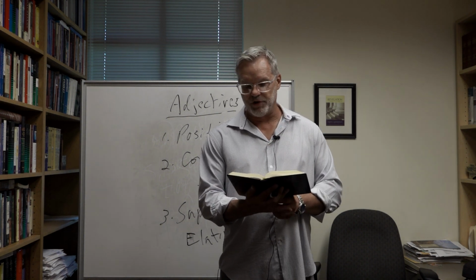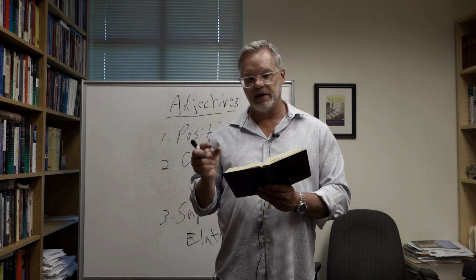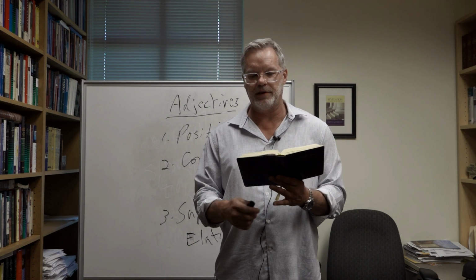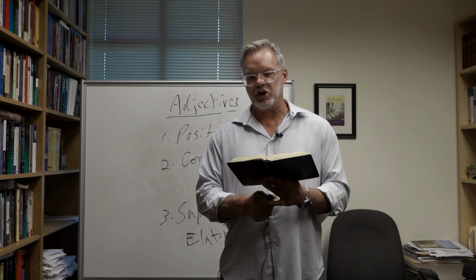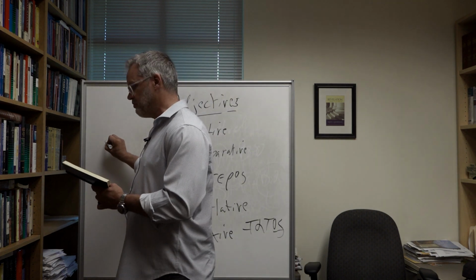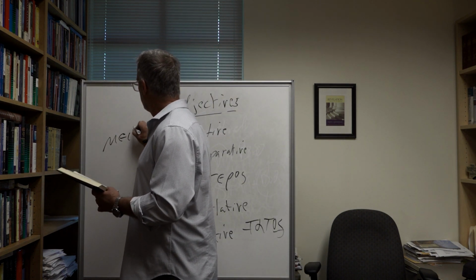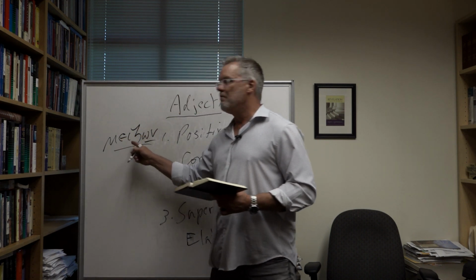Paul says in verse 13, "Now there remains faith, hope, and love, pistis, elpis, and agape." So clearly he's talking about three things. These three things, and he even says it. But the greatest of these is love. And the word that Paul uses is meizon. Meizon is a comparative adjective.